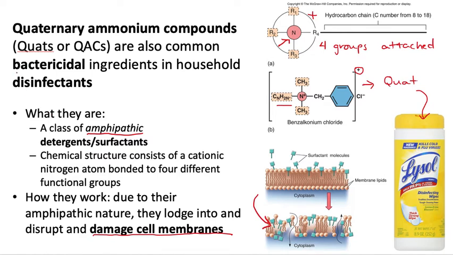Therefore, they are bactericidal, but they don't kill endospores, so they are used as disinfectants rather than sterilants. They're commonly used as disinfectants. I see very few sanitizers or antiseptics that have these in there, but it is possible that some can be used in antiseptic products, but it's pretty rare.